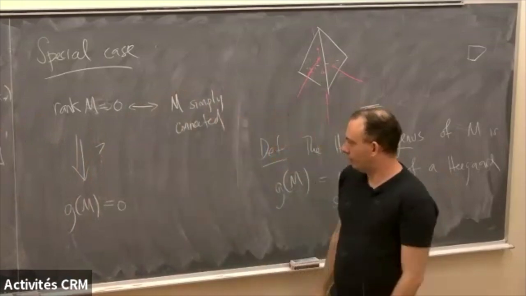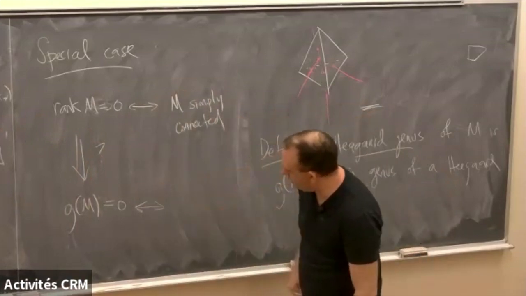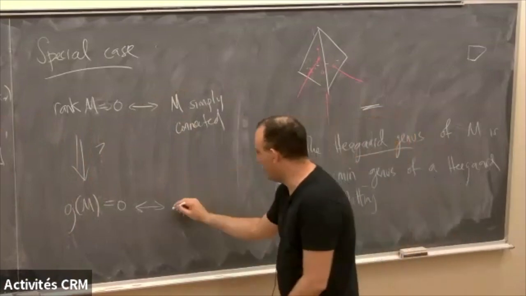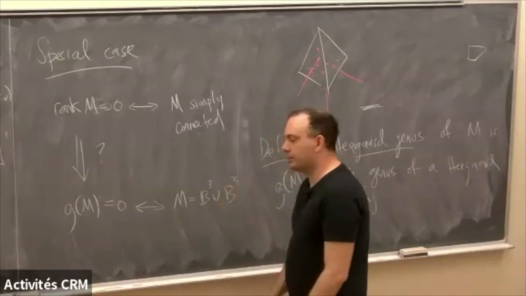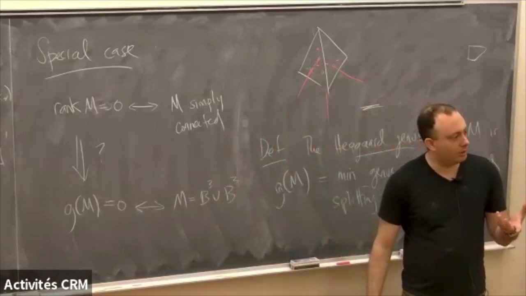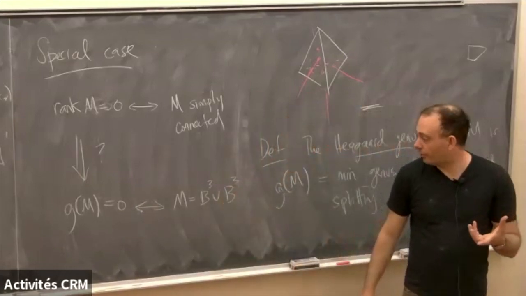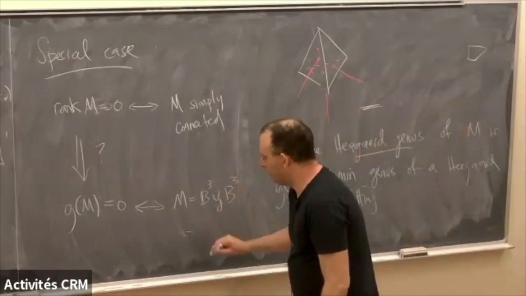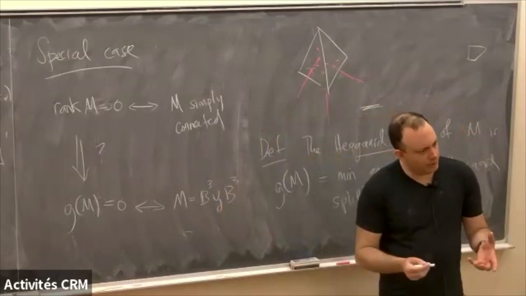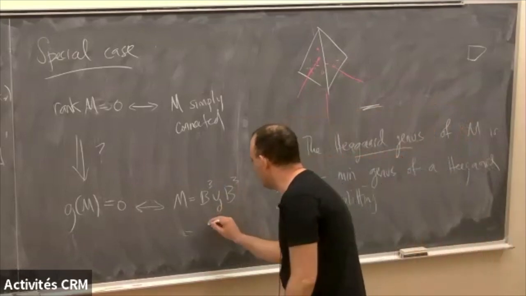So what does Heegaard genus 0 mean? That means that M is two balls. A genus 0 handlebody is a ball, so M is two balls glued together along their boundary. But the only manifold you can make by gluing two balls along their boundary is a 3-sphere.